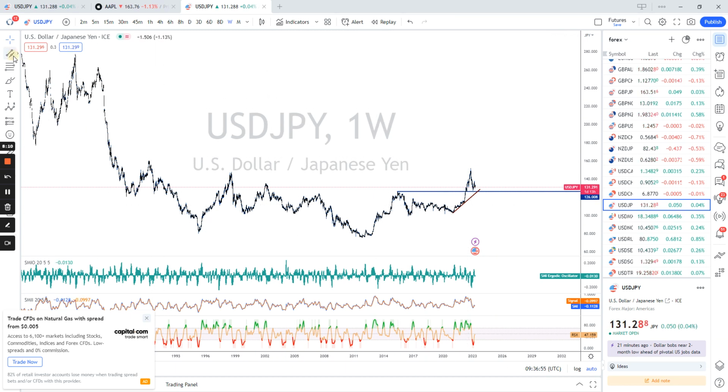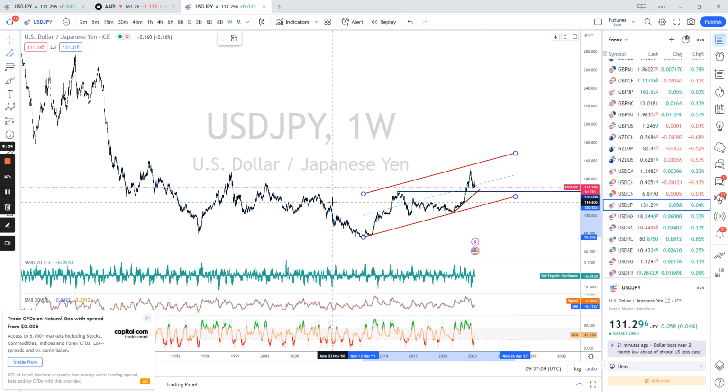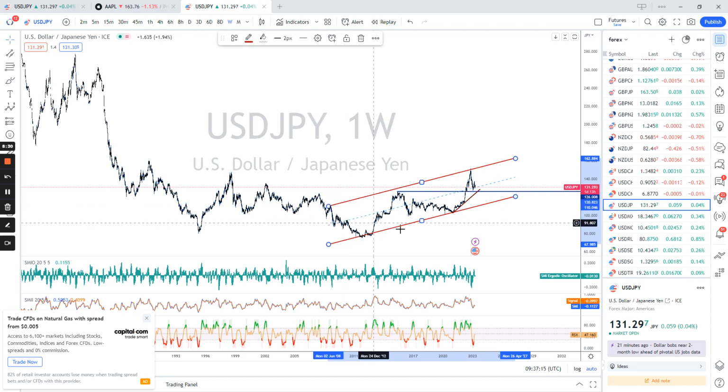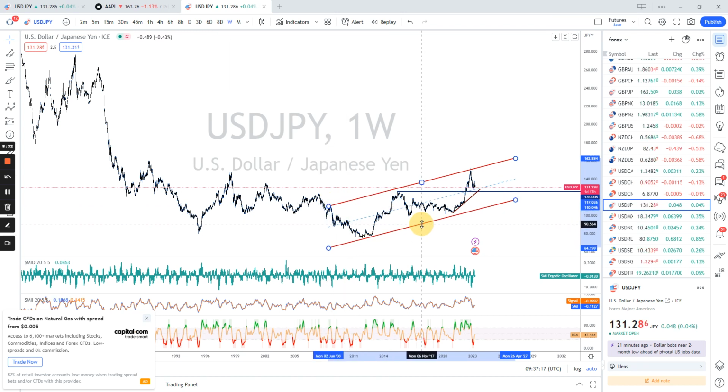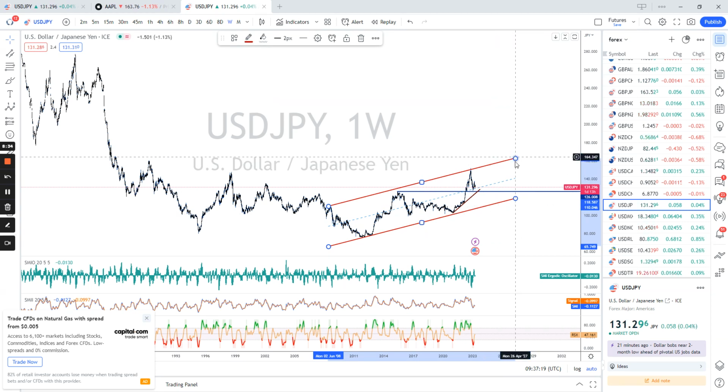With the USD/JPY, if we look at the bigger picture, we also have a channel to the upside, not so steep, but a channel that is formed from almost 2011. So here it is.